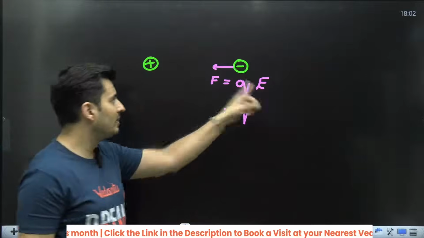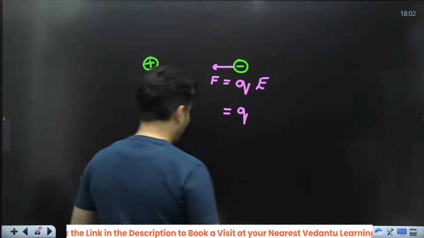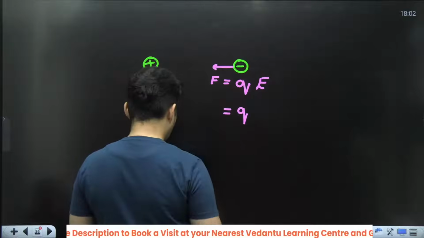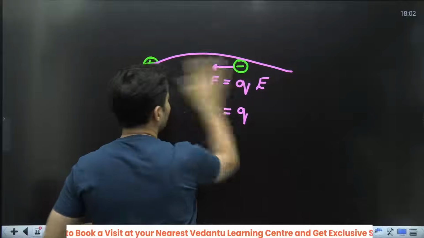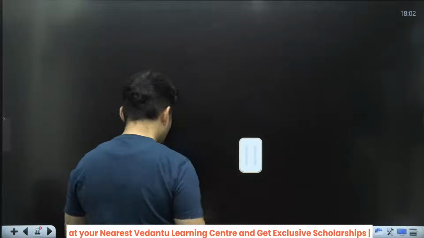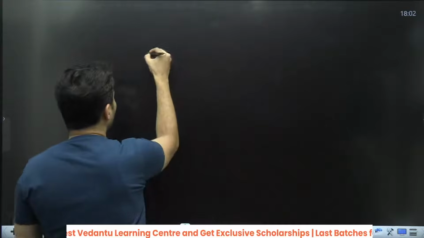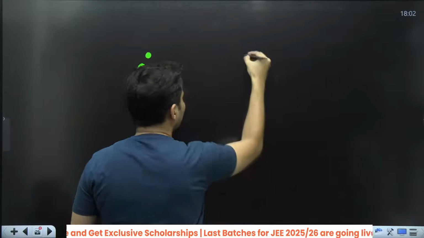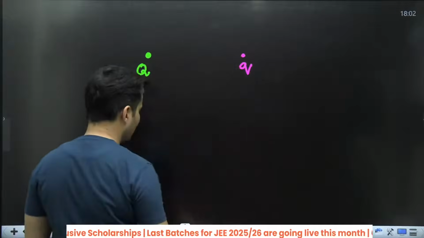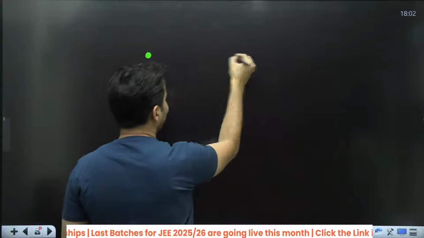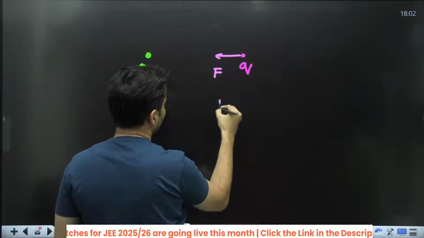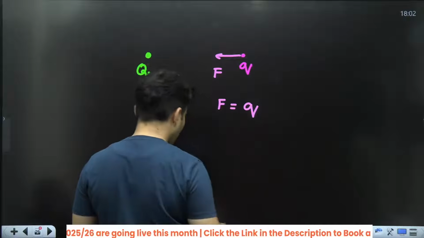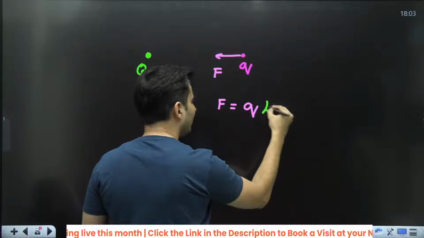What is this field? Remember, it does not matter whether it is positive or negative, guys, just take any example. Imagine there is a charge capital Q over here. Imagine there is a charge small q over here, and I want to find the force on this charge. That force is the charge multiplied by the field.